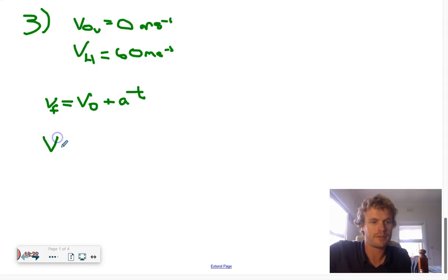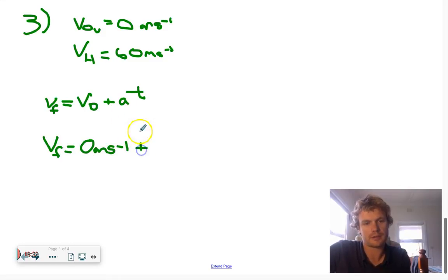So my V final is going to be equal to 0 meters per second add A, which is 9.8 meters per second squared, and T is going to be 10 seconds.